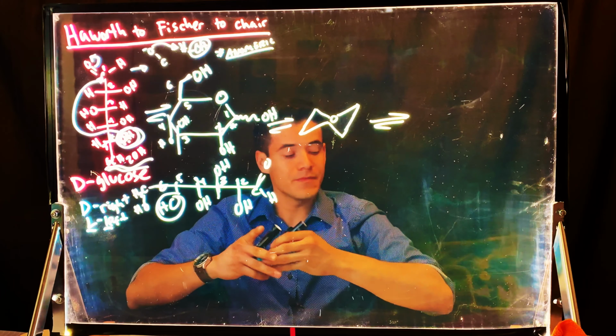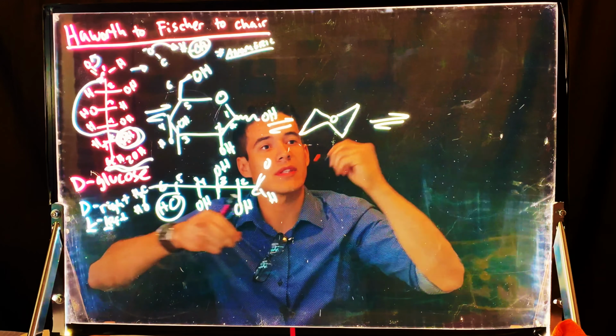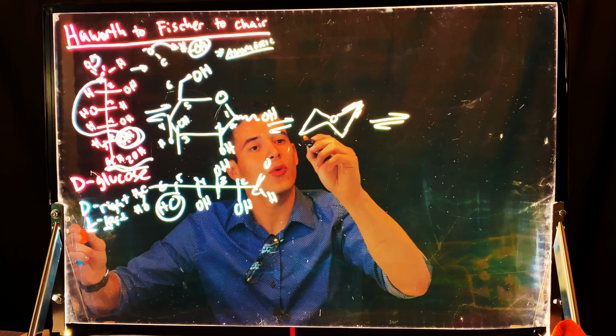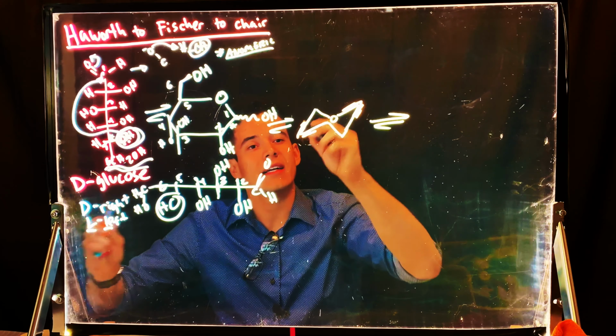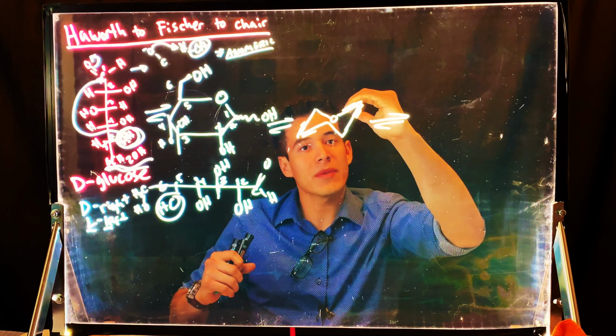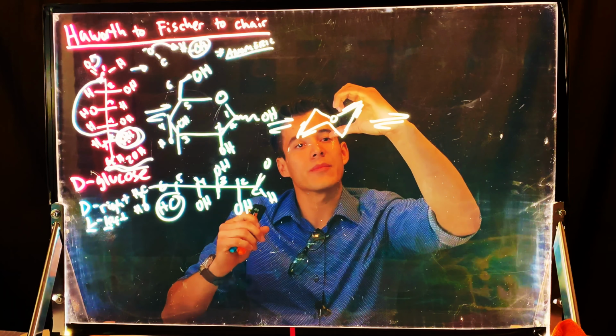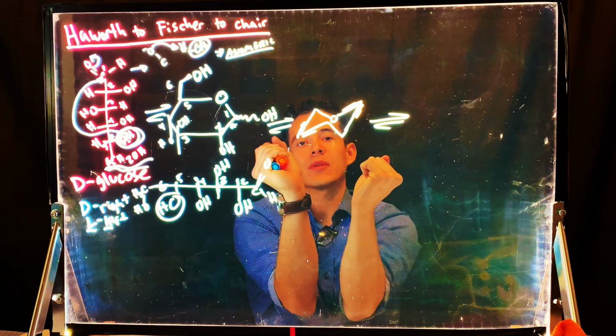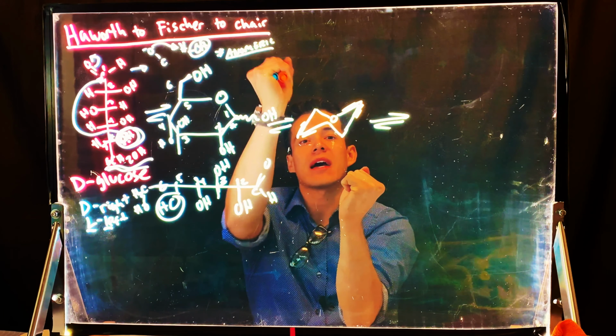So what I can do before I draw the substituents, I'm going to flip the chair, which means I'm going to highlight a couple regions here to show you exactly how we flip the chair. You can think of the top of this bow tie here. In order to flip the chair, I'm going to bring this group down, and I'm going to push that upwards.